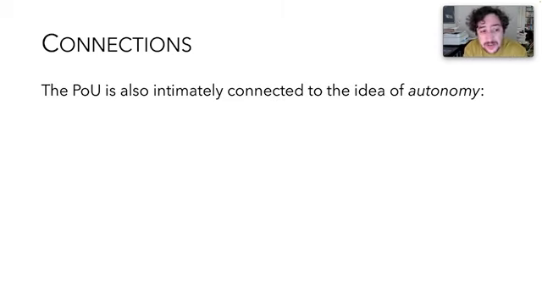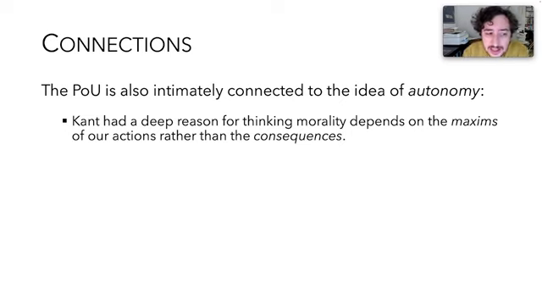The principle of universalizability is also intimately connected to the idea of autonomy. So autonomy is this power or ability to control our own lives and to self-govern the principles by which we live. So now Kant thought there was a deep reason for thinking that morality depends on the maxims of our actions, as proposed in the principle of universalizability, rather than the consequences of our actions.